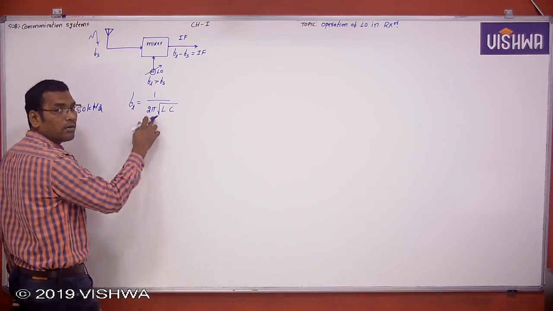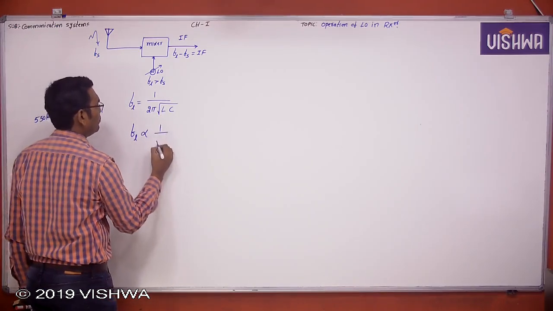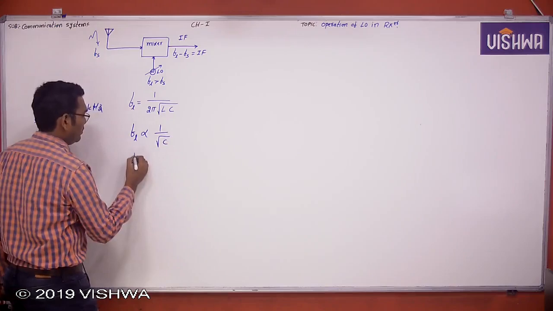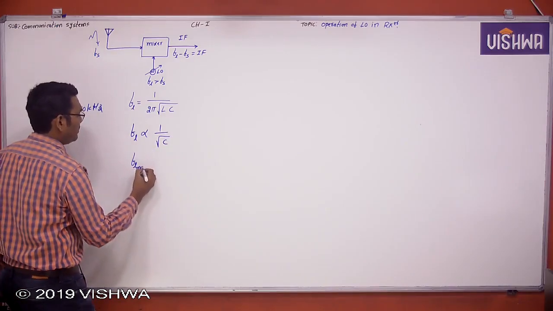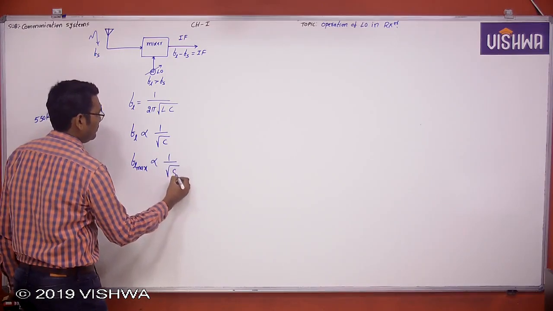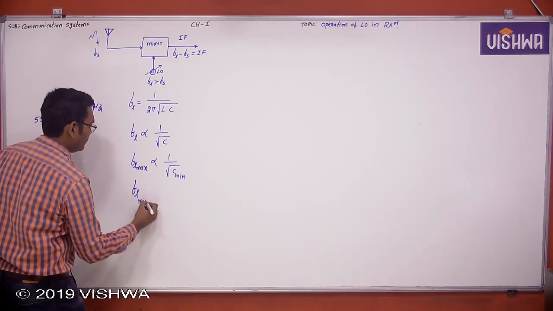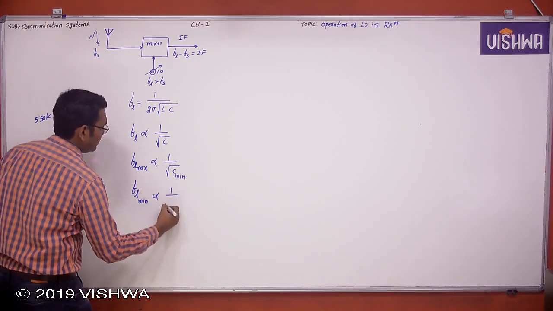Now this 2 pi is constant, L is constant, so Fl is inversely proportional to 1 by root C. So Fl maximum means capacitance is minimum. If Fl is minimum, capacitor is maximum.